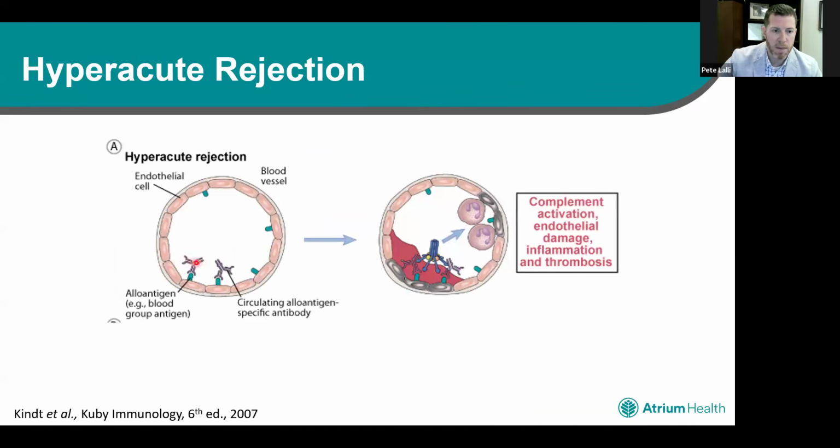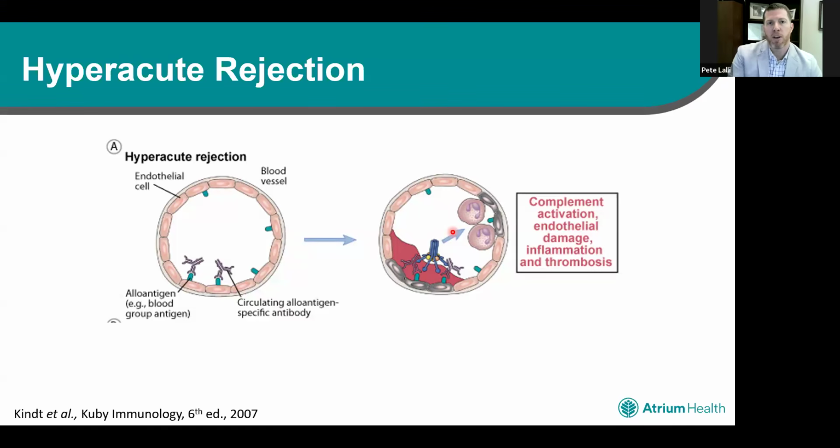So what happens is these antibodies stick to the endothelial lining of the donor blood vessels, and it causes this immediate reaction where the cells get attacked, they start lysing. That lysis will lead to complement activation, endothelial cell damage, and eventually inflammation and thrombosis.